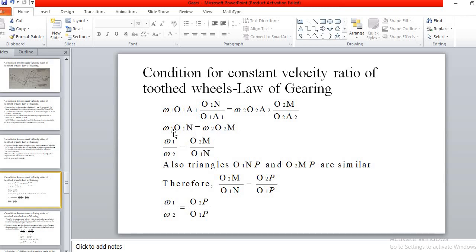Now the angular velocity ratio omega 1 by omega 2 becomes O2m by O1n.